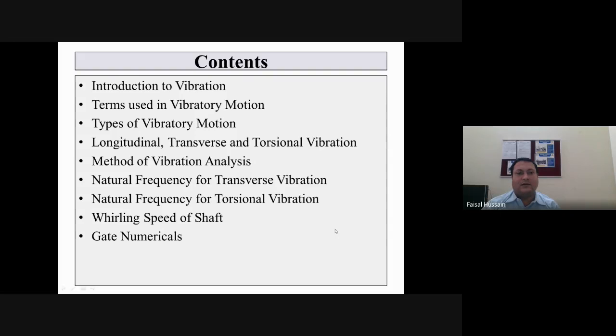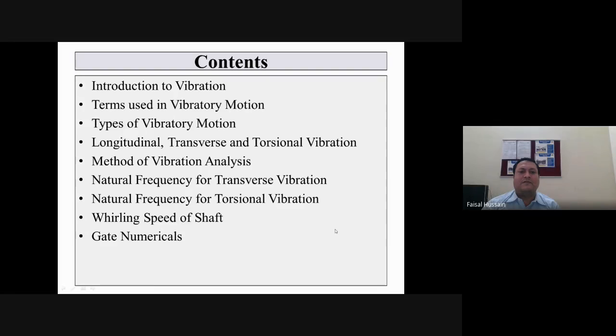Then what is meant by longitudinal vibration, transverse vibration, and torsional vibration? Similarly, what are the various methods of vibration analysis? For example, there is the equilibrium method, energy method, and Rayleigh's method. With the help of all these three methods, we will determine the natural frequency of a system.